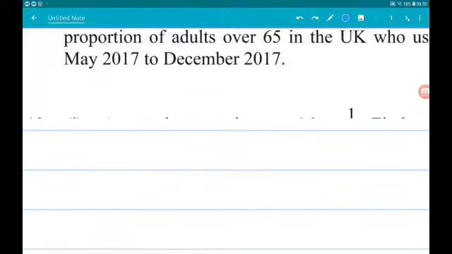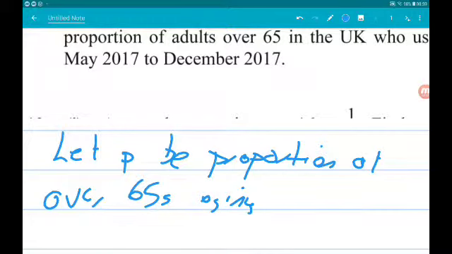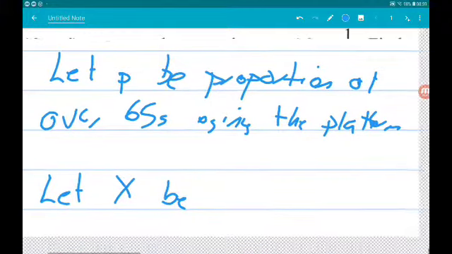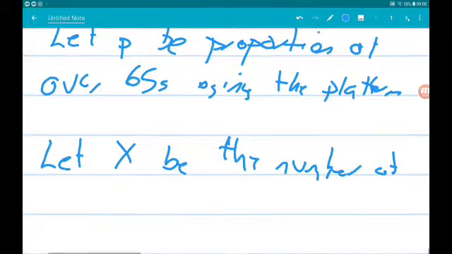So let's say P be the proportion of over 65s using the platform, and we're going to let X be the number of over 65s using the platform.